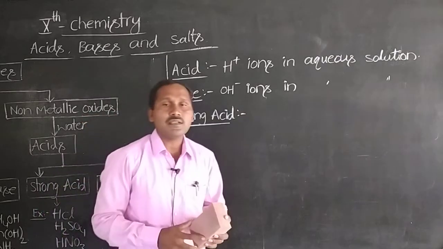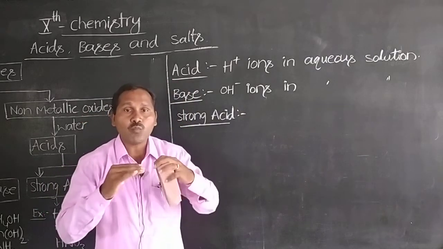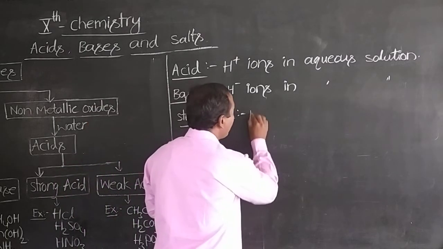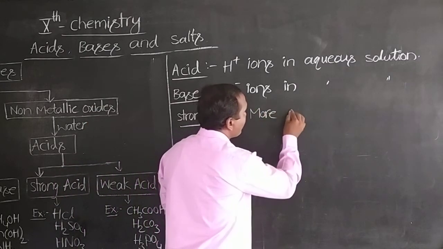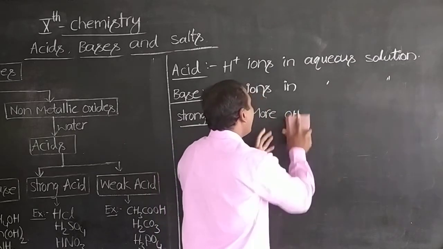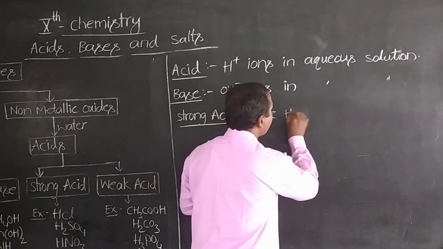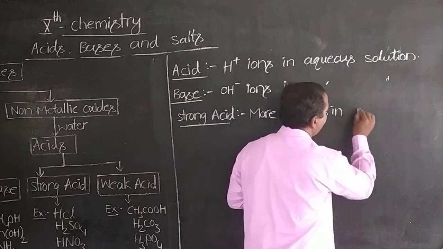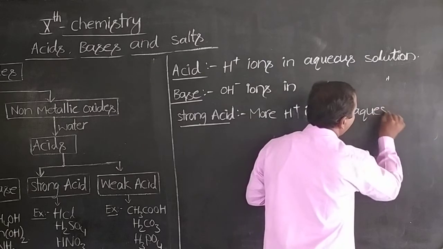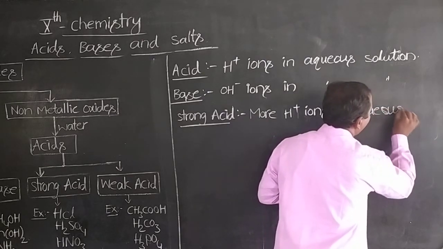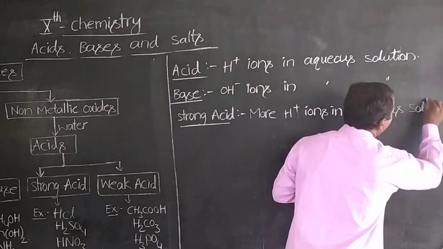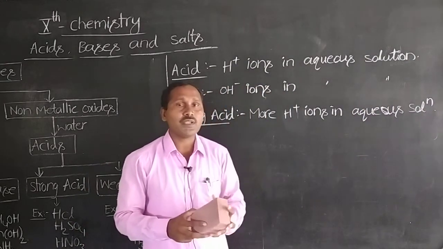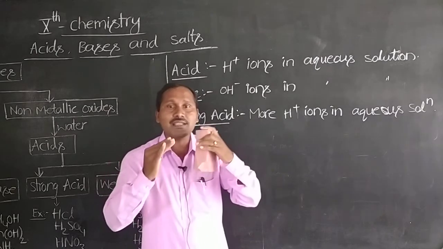Next one, strong acid. Strong acid means the substance which produces more H plus ions in aqueous solution. More H plus ions in aqueous solution means that it is 100% ionized.